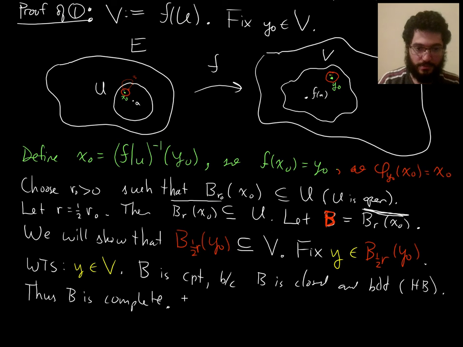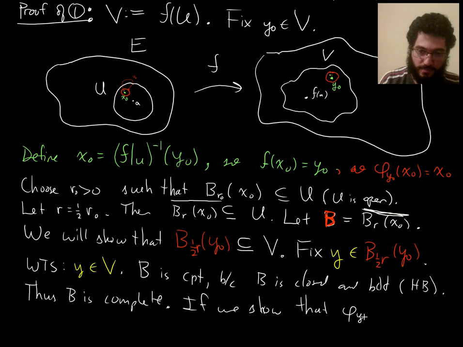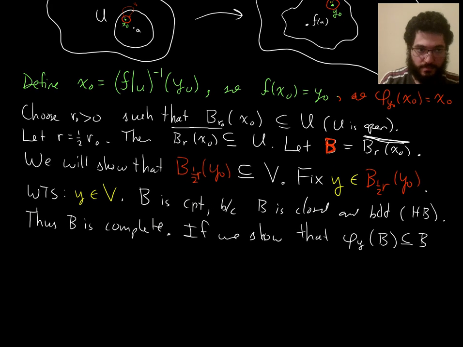Okay, so then if we show that phi sub y, where the y is the yellow y that I fixed here, maps B into itself. Sorry, I shouldn't say fixes B, just maps B into itself.